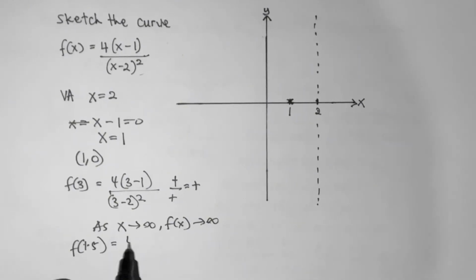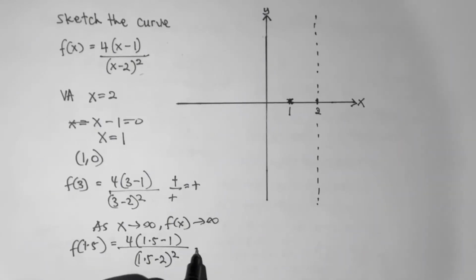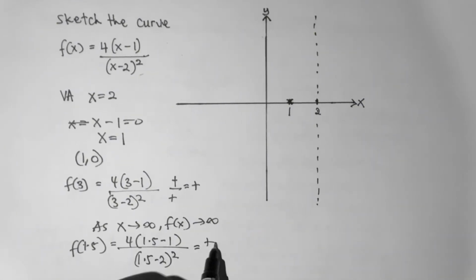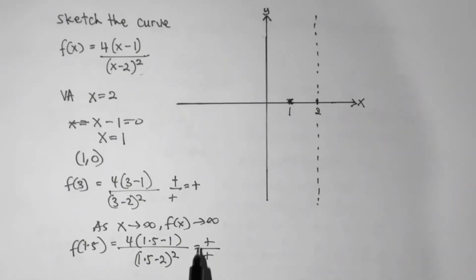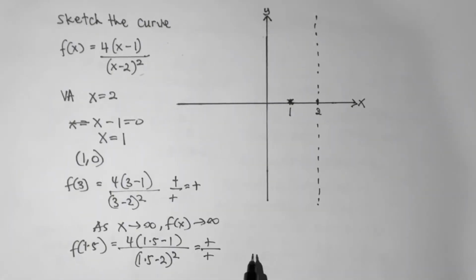This is equal to 4 times (1.5 minus 1) divided by (1.5 minus 2) squared. You see that 1.5 minus 1 is a positive number, times 4 is still a positive number, divided by 1.5 minus 2, which is a negative number. If you square, you get a positive number. So it means that as x approaches 2 on this side, f of x approaches infinity.